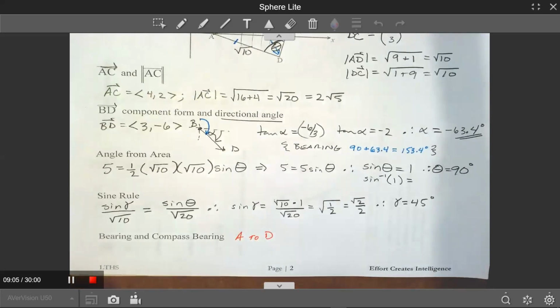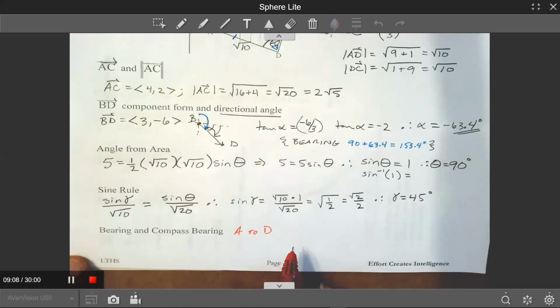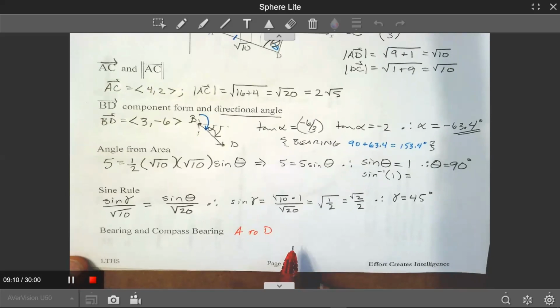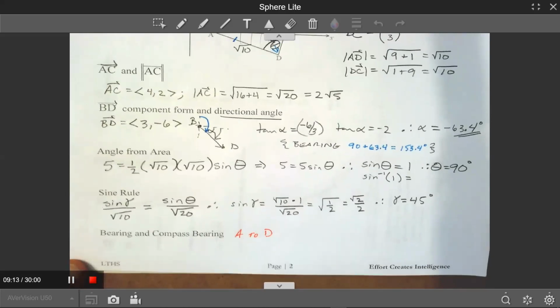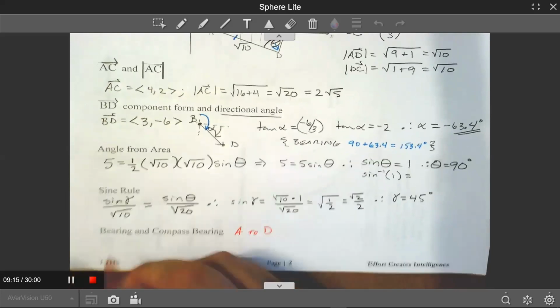If I want to do the bearing and the compass bearing from A to D, here's what I can set up. Let's look at our points.